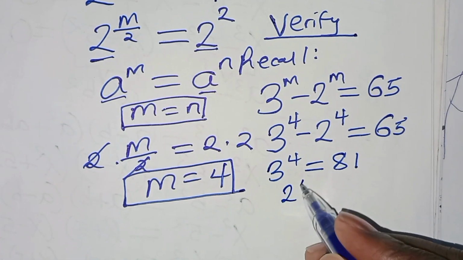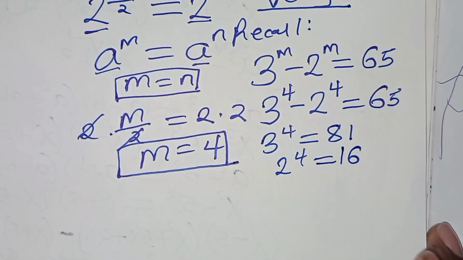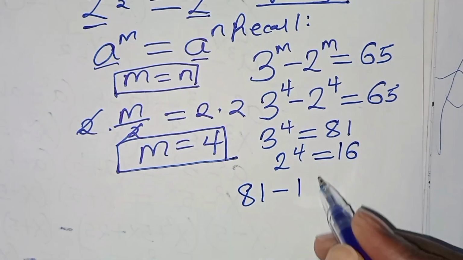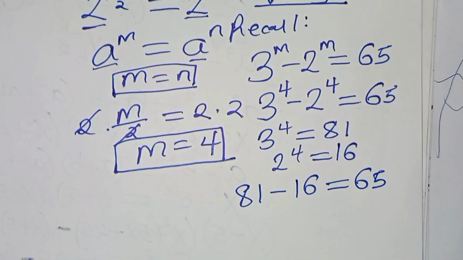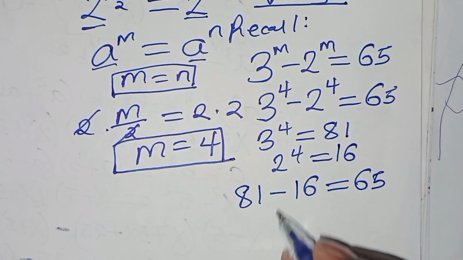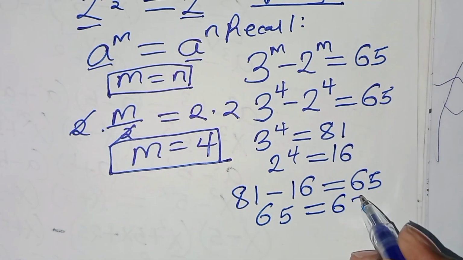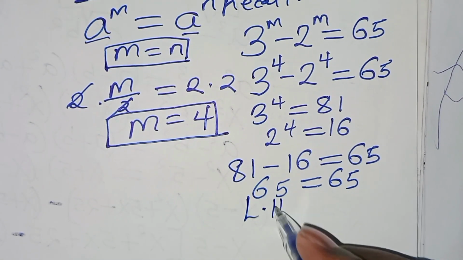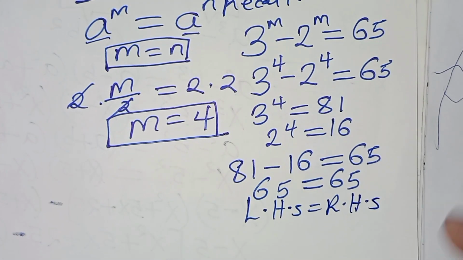And 2 to power 4 here is equal to 16. So therefore, we'll have 81 subtract 16. This should give us a value of 65. So 81 minus 16, this is 65, which is equal to 65. And therefore, the left hand side is equal to the right hand side.